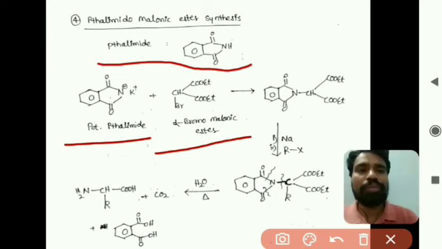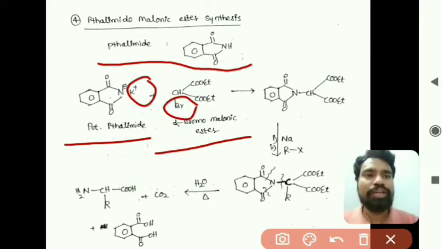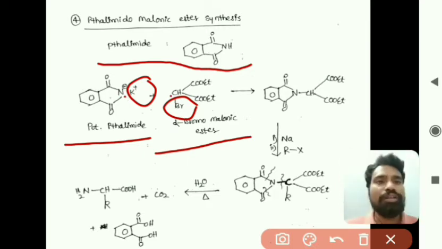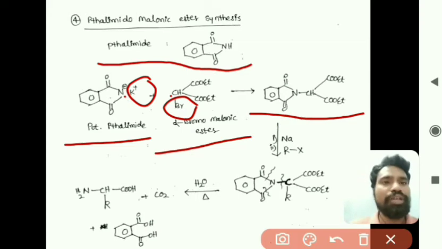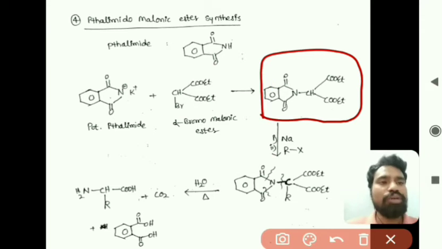So then what will happen? The K plus and bromine leave as KBr, and there is a bond formation between nitrogen and the carbon CH. So we will be getting phthalimido malonic ester. Now the phthalimido malonic ester formed here is treated with sodium.